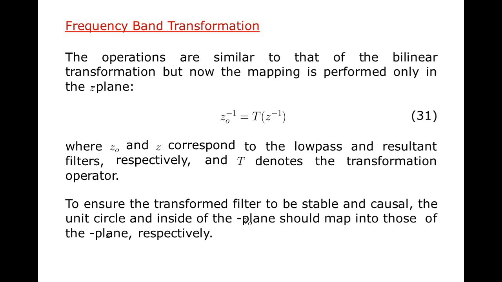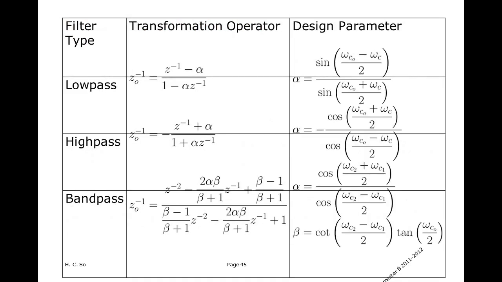The frequency band transformation is similar to the bilinear transformation, but now the mapping is performed only in the Z plane, where Z0 raised to minus 1 is a function of Z raised to minus 1. Here Z0 and Z correspond to the low pass and the resultant filter respectively, and T denotes the transformation operator. To ensure the transformed filter is stable and causal, the unit circle and the inside of the Z0 plane should map into those of the Z plane respectively.